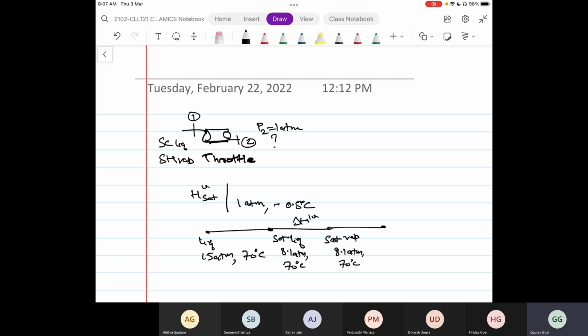So now I take this saturated vapor to another saturated vapor at new conditions. And for this, I will need to do the enthalpy change of a real gas. So a vapor at 8.1 atmosphere, 70 degrees Celsius is being taken to a vapor at 1 atmosphere and minus 0.5 degrees Celsius. So we'll use the enthalpy change of real gas.